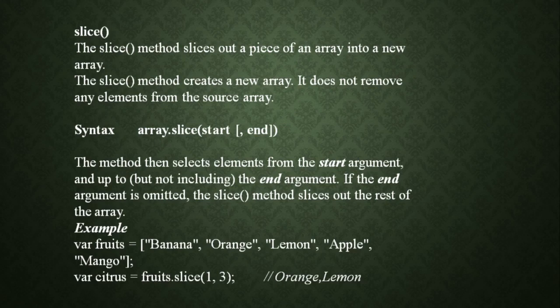From 1 to 3, what is there in between? Orange and lemon. This slice method creates a new array. It does not remove any elements from the source array. Now the array is orange and lemon.